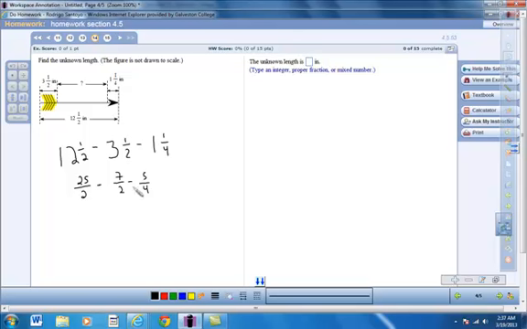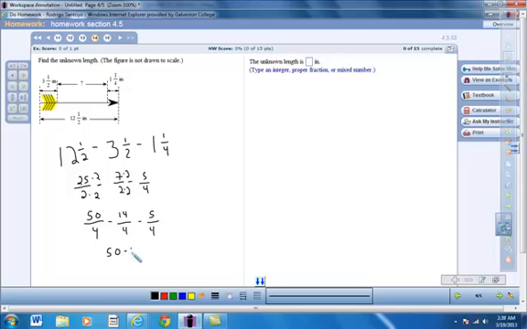We find our LCD to be 4, which means we just multiply this fraction by 2, that fraction by 2. Also this fraction by 2, that fraction by 2. So you get 50 over 4 minus 14 over 4 minus 5 over 4.